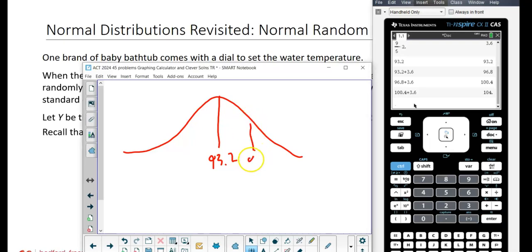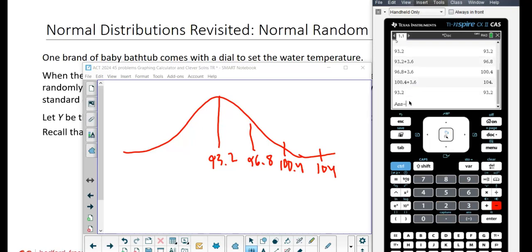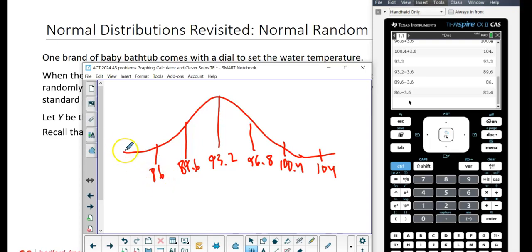So that'd be 96.8, 100.4, and 104. Then I type in 93.2, press enter, and subtract the standard deviation, 3.6, pressing enter 3 times. It's a fast way to get 89.6, 86, and 82.4.